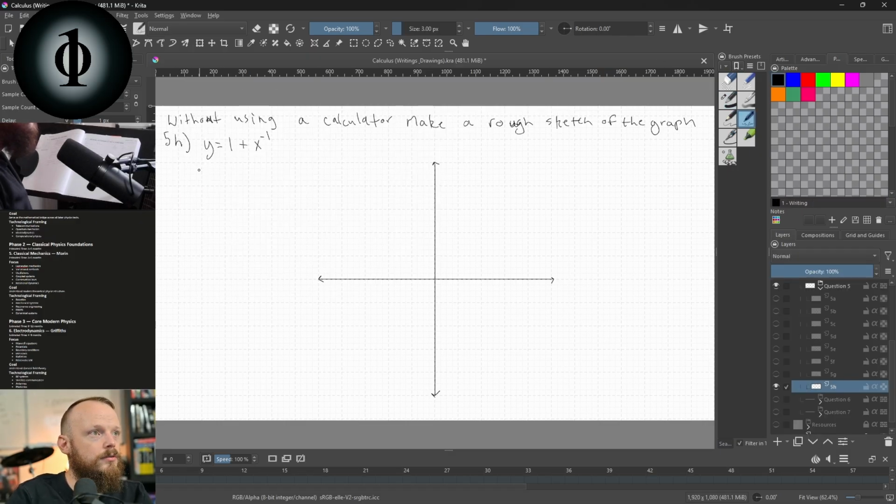All right. So when x is 0, y is, so 0 raised to, I don't care what it is, what's 0 raised to the 0? Is it 1? I think it is, if I remember my math correctly.